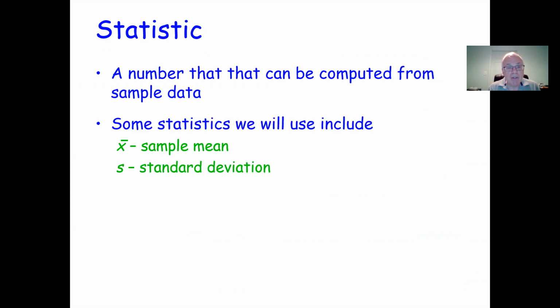We're not going to be finding a sampling distribution for a standard deviation, but it can be done. What we will be doing a little bit later, next time probably, is look at what's called a sample proportion. We'll define what that is next time. But what we're going to be doing mostly is working with sample means today.